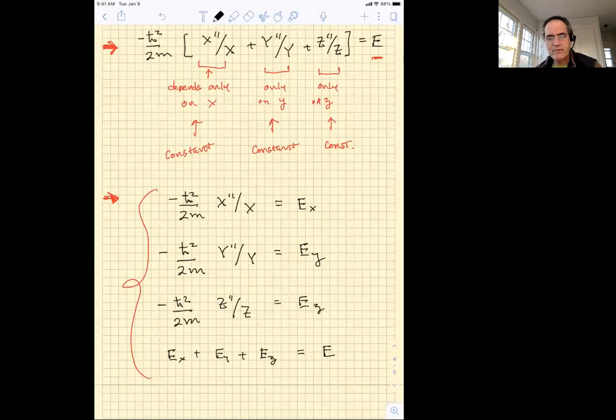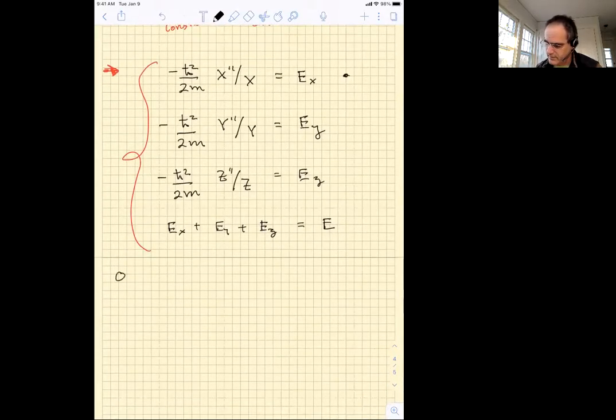In fact, let's just rewrite these slightly. For the first equation, let's multiply both sides by the x function, okay? Then we get minus h bar squared over 2m times x double prime is equal to e sub x times the x function again. And likewise, we have minus h bar squared over 2m times y double prime is equal to e y times the y function.